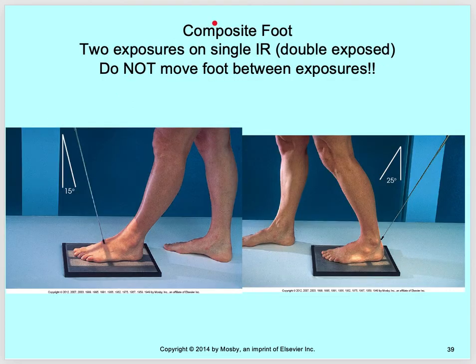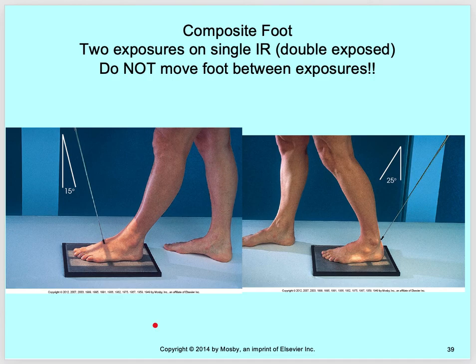This image here is talking about a composite foot, which you're not going to be able to do on a digital image receptor. They used to do these on film cassettes.